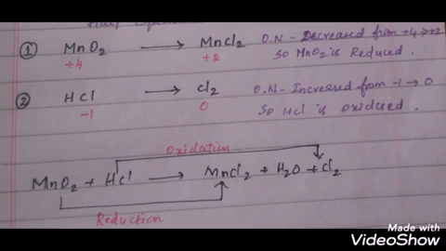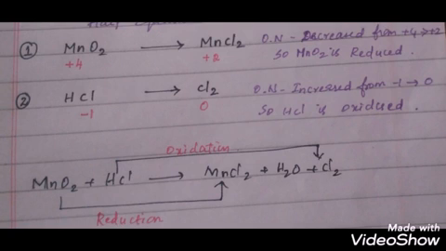So in this situation, we have to calculate the oxidation number of manganese. As the number of oxygen atoms in MnO2 is 2 and its oxidation number is -2, multiply -2 with 2, and it becomes -4. On bringing this -4 to the right side, the oxidation number of manganese is found to be +4. As the oxidation number of manganese has decreased from +4 to +2, it is reduced.